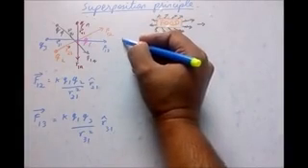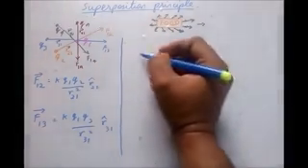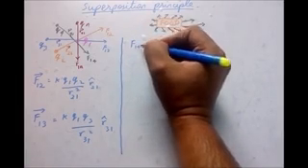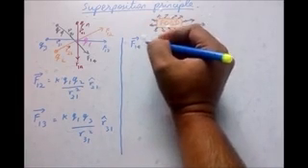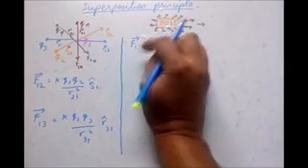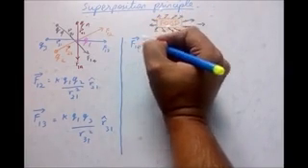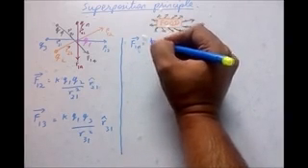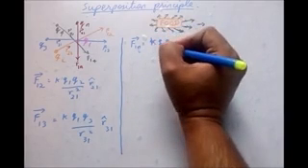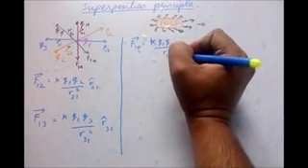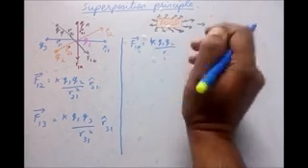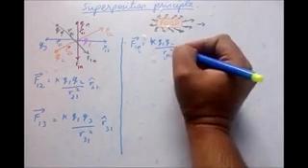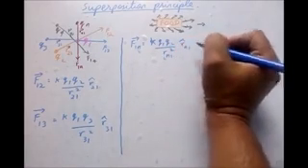Similarly, F14, force on 1 due to 4, we can write like this. And F1n, force on 1 due to n, is equal to k q1 qn divided by rn1 squared r cap n1.